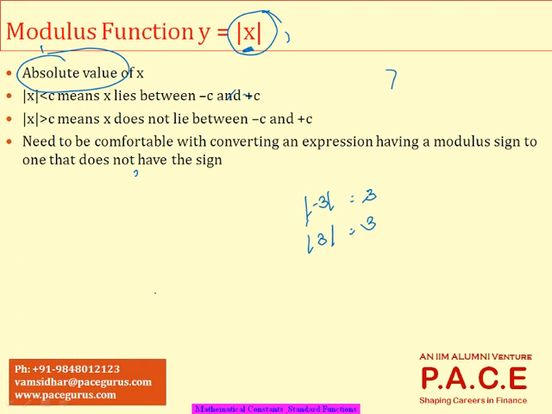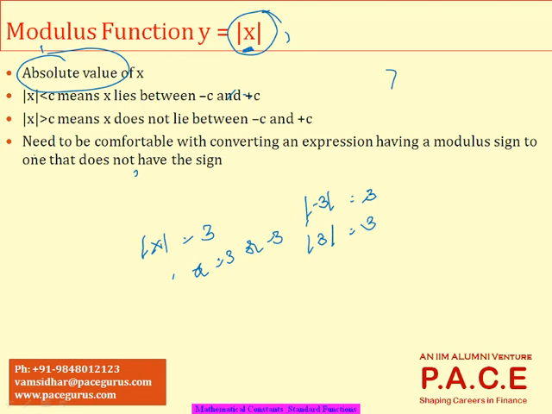So when I say mod x equal to 3, it means x could have been either 3 or even minus 3, because mod minus 3 is also equal to 3, and mod 3 is also equal to 3. So whenever someone makes a statement mod x equal to 3, x actually has two possible values, minus 3 as well as plus 3.